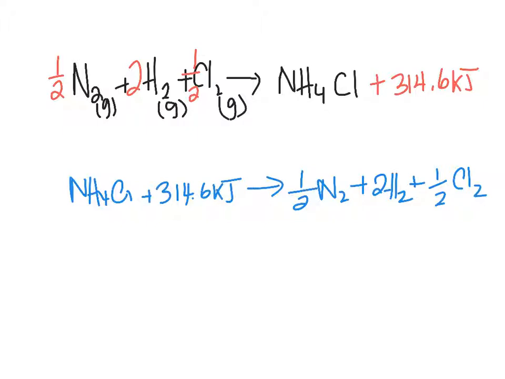You need to find the molar enthalpy with respect to H2. So, 314.6 kilojoules are needed to produce 2 moles of H2.